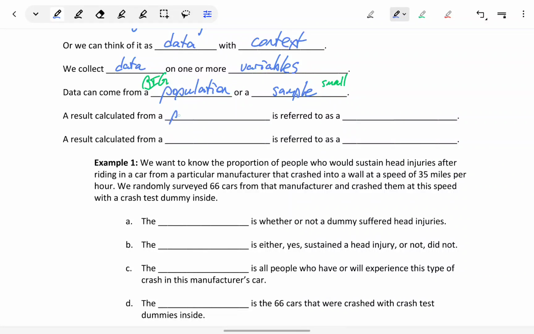A result that we calculate from the population is referred to as a parameter, and I should write that a little bit more clearly. And a result that we calculate from a sample is referred to as a statistic.